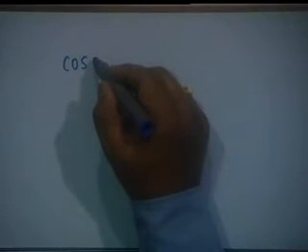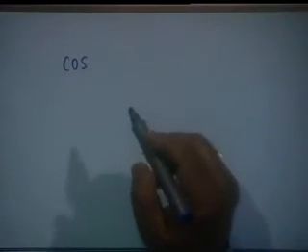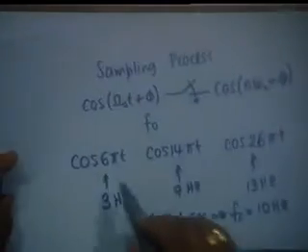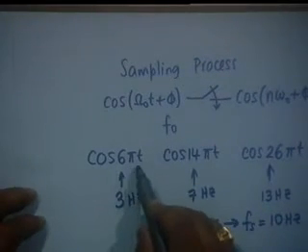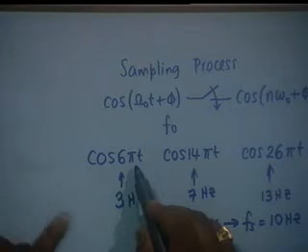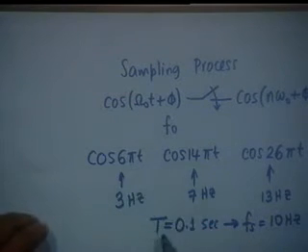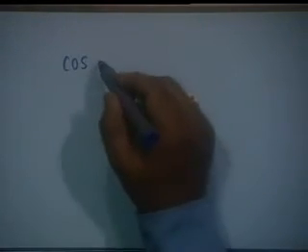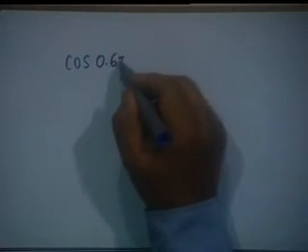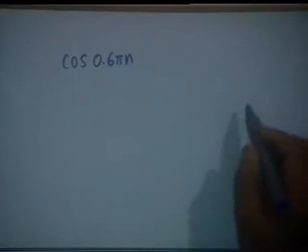what happens. When sampled, the signals become cosine of 6 pi t, this will become 6 pi n capital T, and capital T is 0.1, and therefore this will become 0.6 pi n, the first signal.